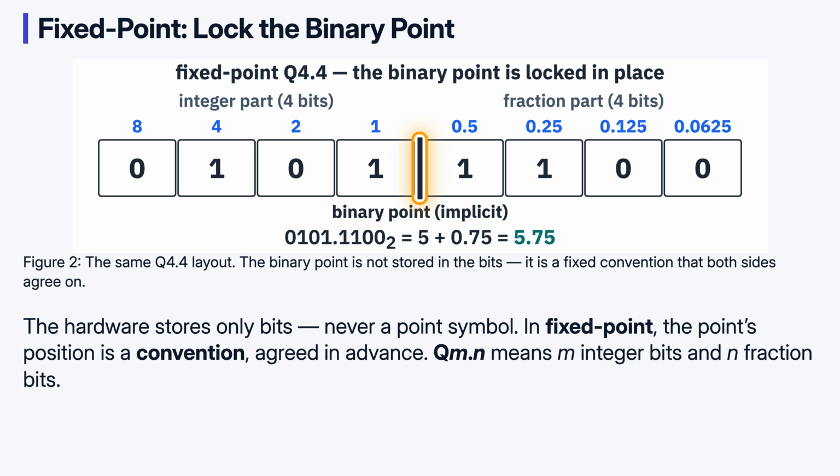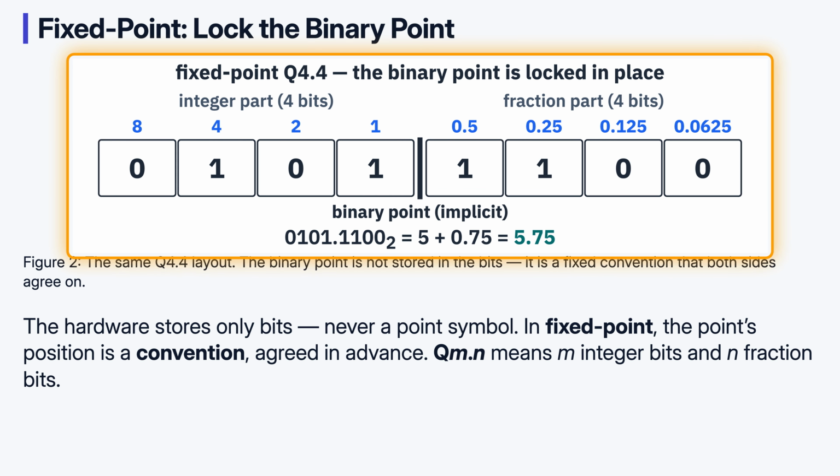Now the practical problem. A register holds only bits. It has no place to keep a little dot symbol. So where is the binary point? In fixed point, the answer is a convention. You decide in advance where the point sits, and everyone who touches the data agrees.